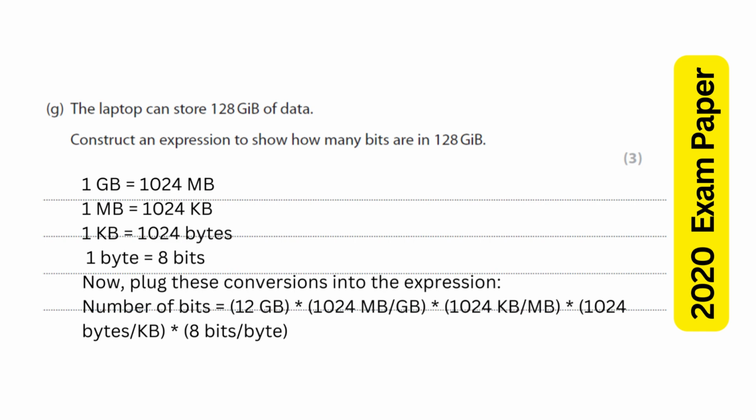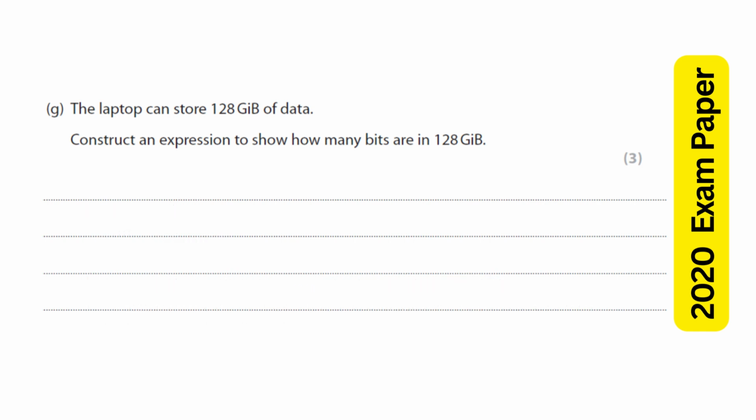You don't need to get a final answer, just putting in the construct is enough to get the full marks. I have put the first four lines, which you don't have to write in the exam. I have mentioned those for your understanding.